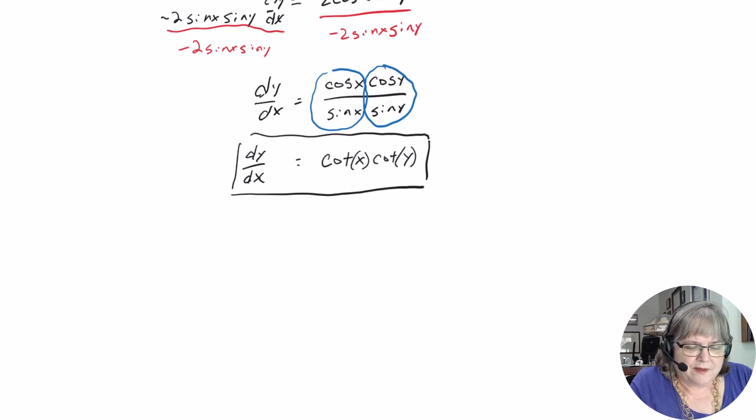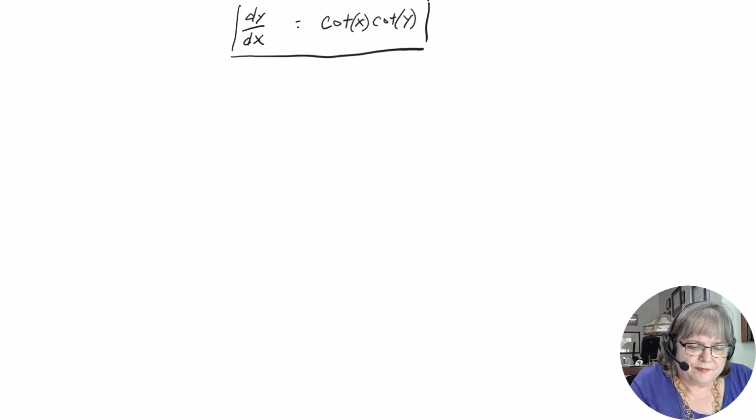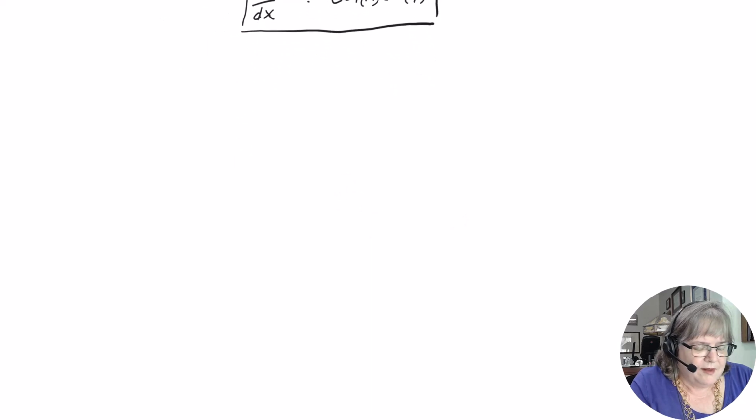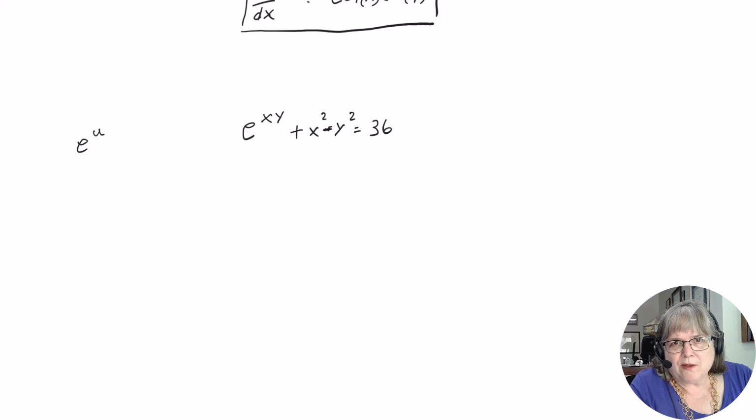All right, so then let's try another one. So how about e to the xy plus x squared minus y squared equals 36. So this e to the xy is like e to the u. And remember, the derivative of e to the u is itself again.